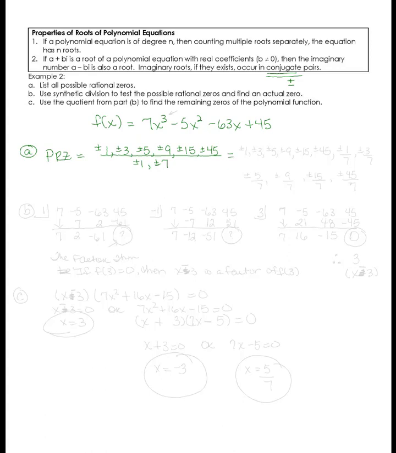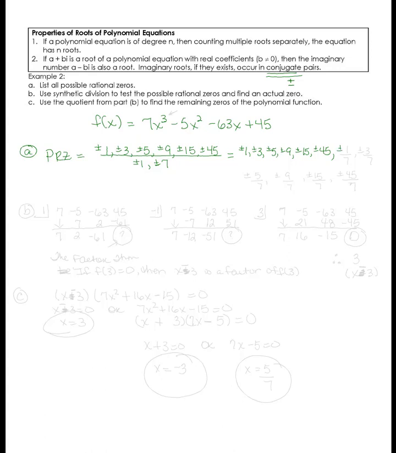Okay, so let's divide everything by 1 to find our possible rational zeros. So we have plus or minus 1, plus or minus 3, plus or minus 5, plus or minus 9, plus or minus 15, plus or minus 45, and then we're going to divide by 7 to find the other possible rational zeros.